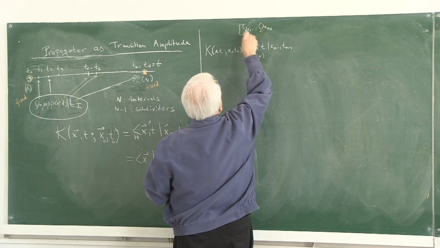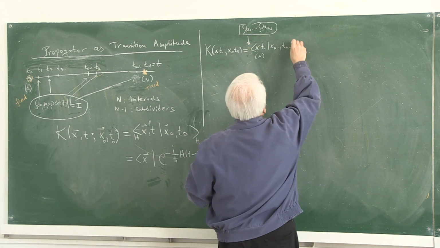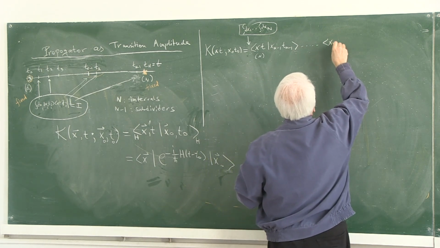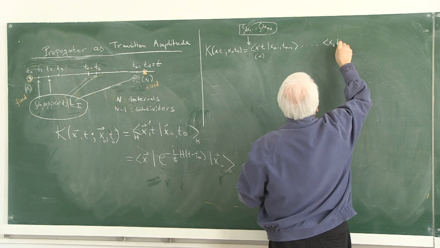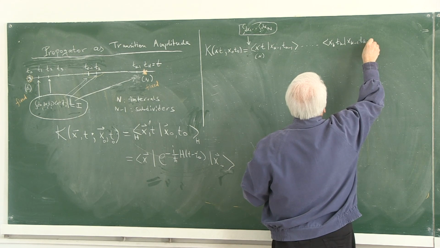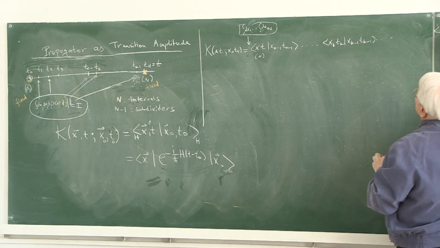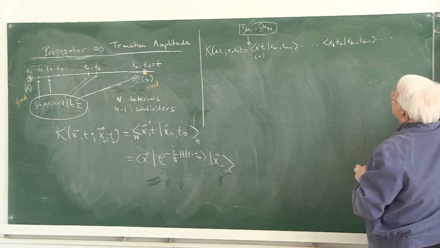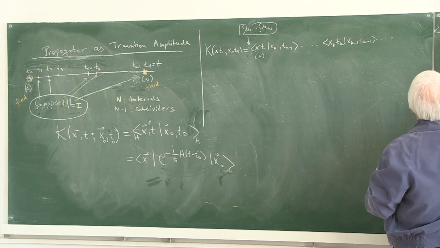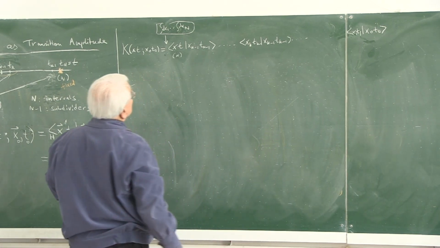Let's save some space by saying that there are that many integrals like that, going all the way through xk tk, xk minus 1 tk minus 1, and all the way to x1 t1, x0 t0. Okay.